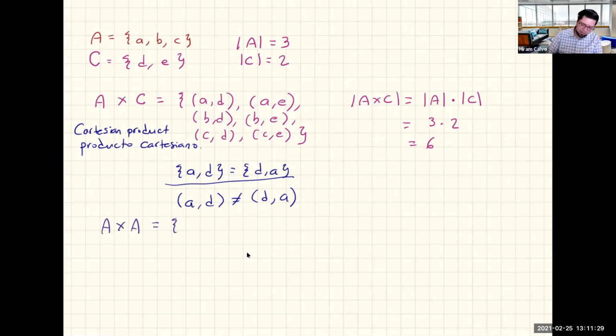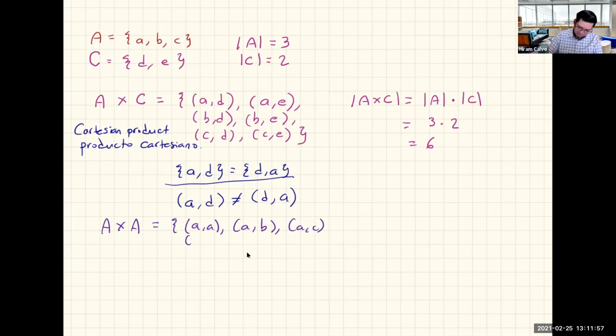Well, then we have, can you tell me how many elements will this set have? 9. Yeah. A to the power of 2. Yes. So we have AA, AB, AC, and you don't have to use a second row for this, but no, I'm wrong.